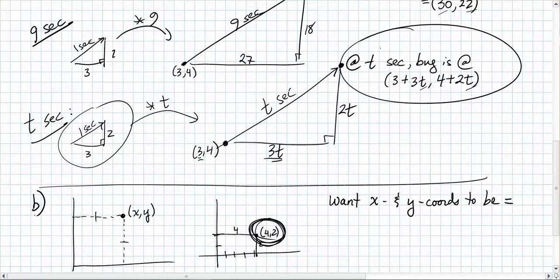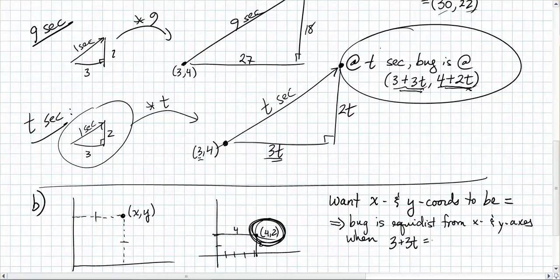Okay. Well, we know the x and y coordinates are always in this form: 3 plus 3t, 4 plus 2t. So the bug is equidistant from the x and y axes when the bug's x coordinate equals the bug's y coordinate.